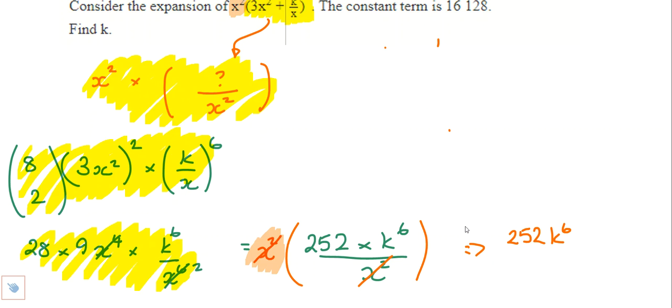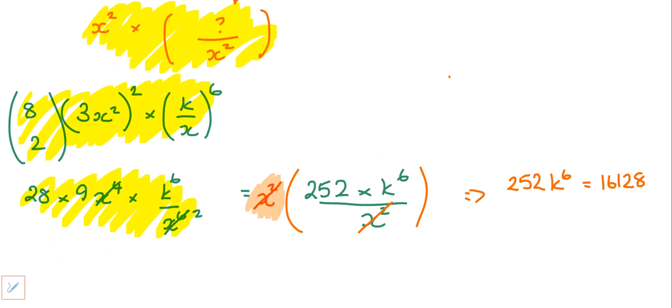So 252 times k to the 6 is equal to 16128. And we divide by 252. So k to the power of 6 is? 64.